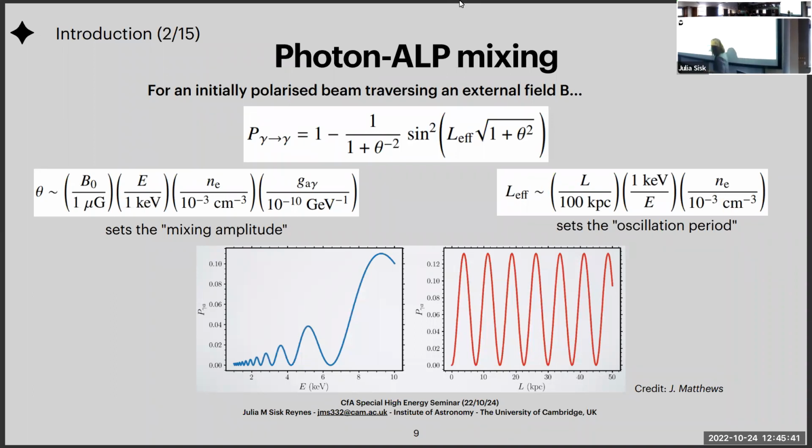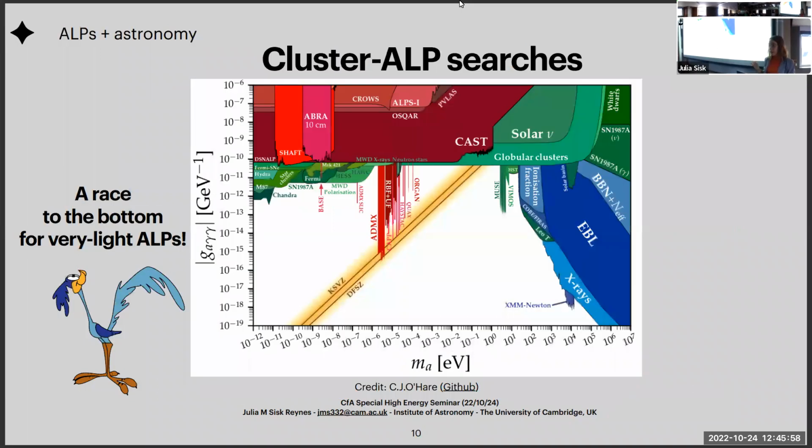And of course, this induces energy-dependent oscillations or spectral distortions that we should be able to see in the spectra of point-like sources. So the idea is that if we cannot see these spectral distortions, then we can set bounds on axions.